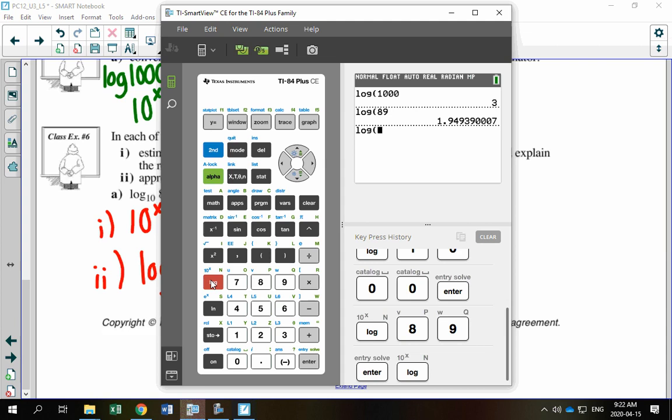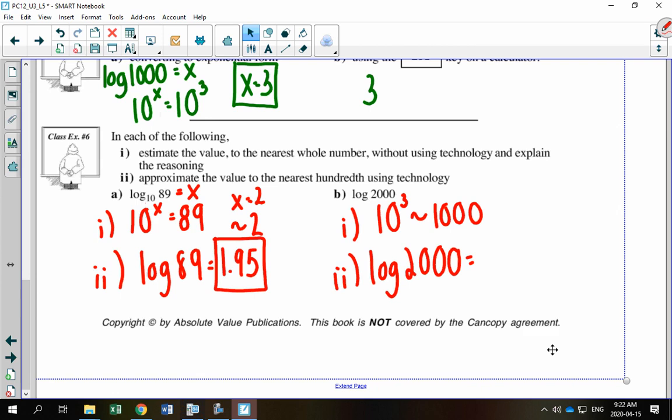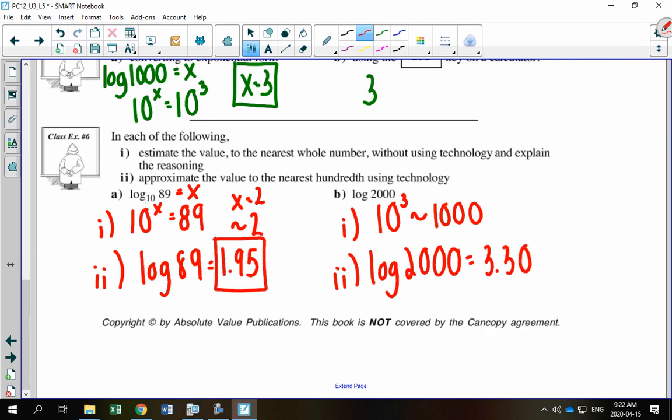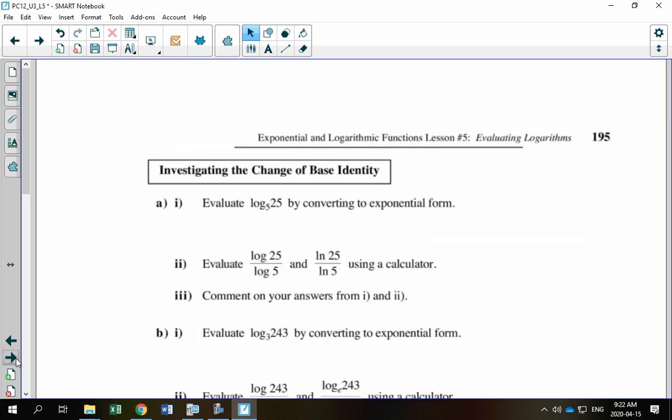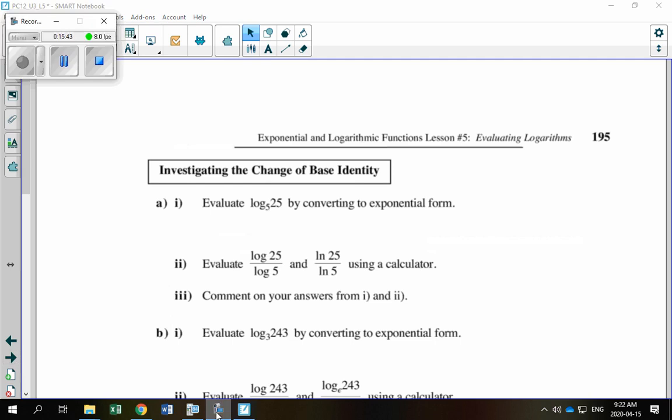We get 3.30. So again, close to that 3. Again, only if it's base 10 are you able to use your calculators like that. Okay, so common log. Natural logs, we actually don't need to talk about, so we'll just skip that. We're working on changing the base next.